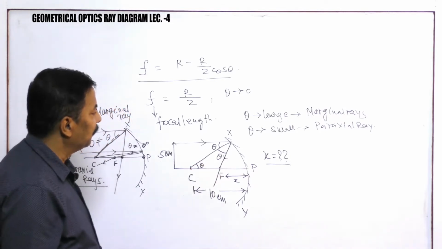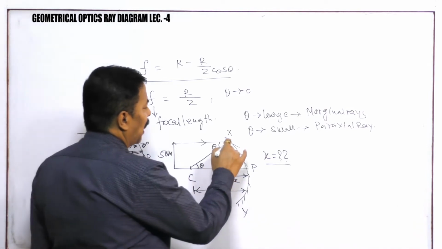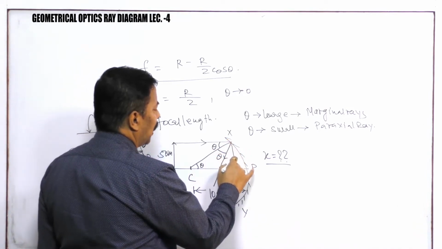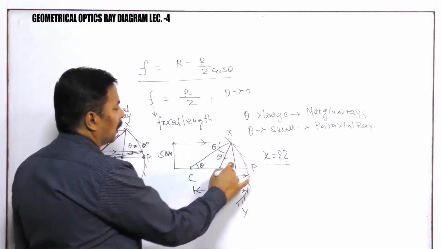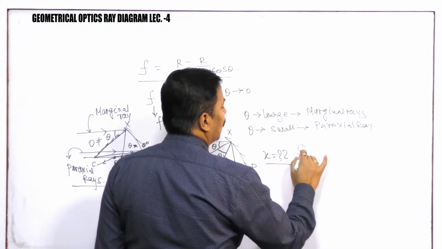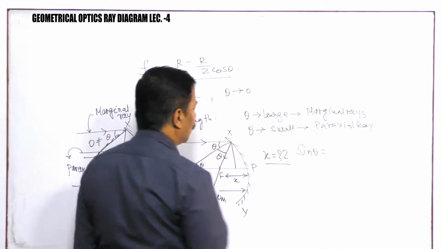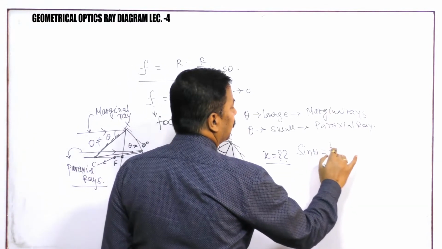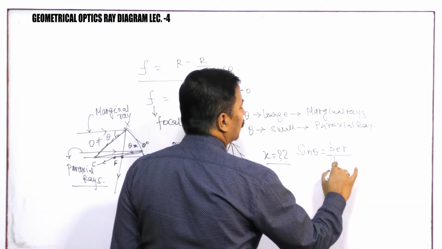Now you see, if I drop a perpendicular here, then sin theta is equal to perpendicular by hypotenuse.